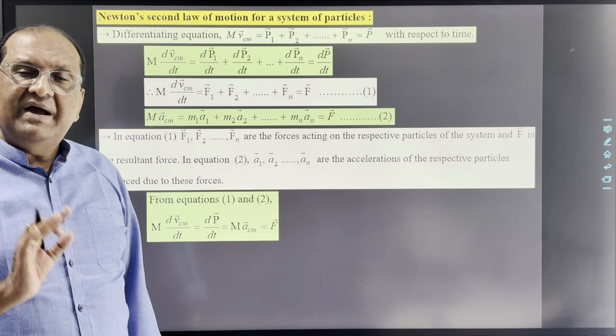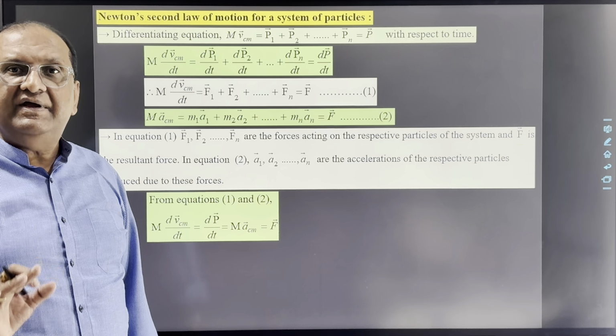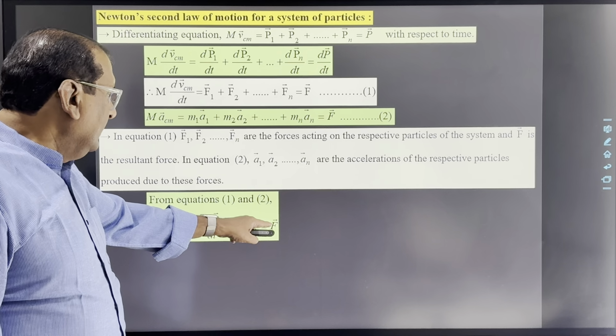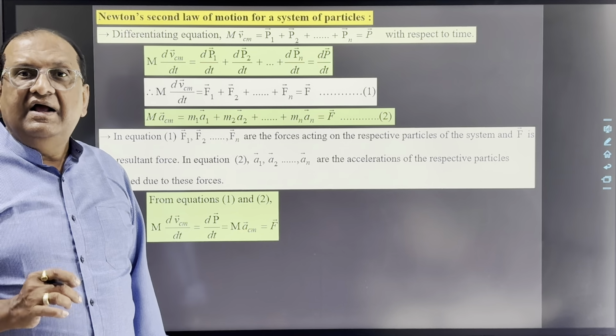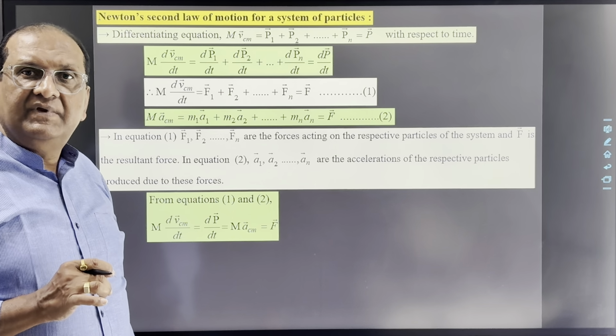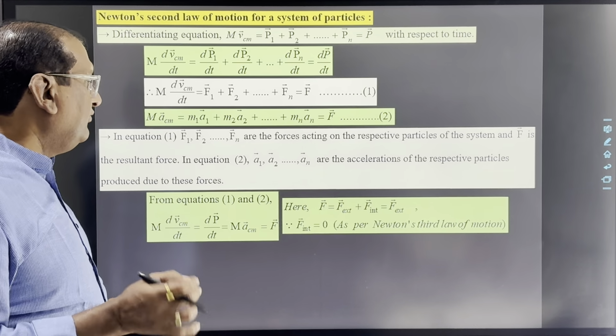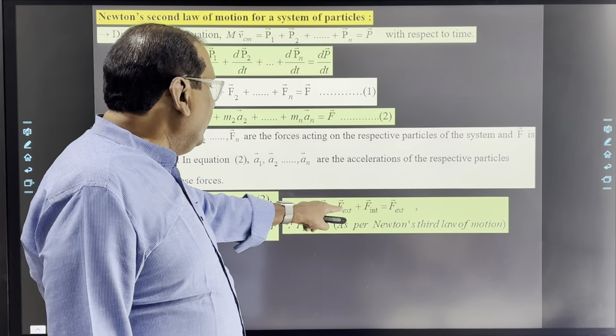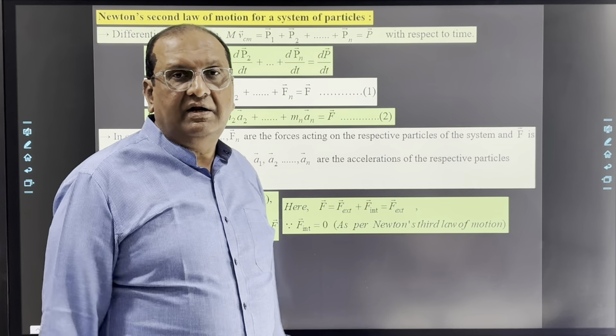No doubt, dP by dt equal to F, that we say Newton's second law of motion. But here this resultant force is actually the summation of resultant external force and internal force. So F equal to F external plus F internal.